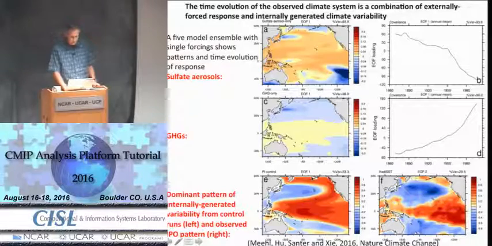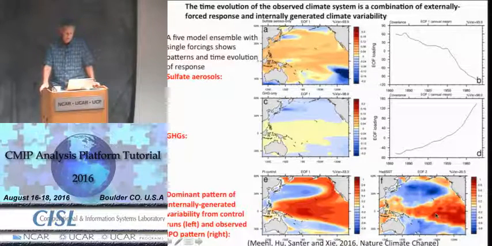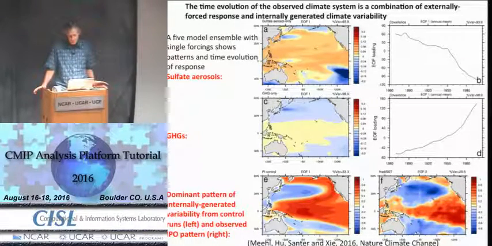And the internal variability here, this is the first EOF of low-pass filtered sea surface temperatures from these 5 models. And it has this kind of interesting El Nino-like pattern that resembles this pattern, which is the low-pass filtered EOF2, actually, from the observations. EOF1 is the trend. This is kind of taken to be the pattern of the interdecadal Pacific Oscillation.